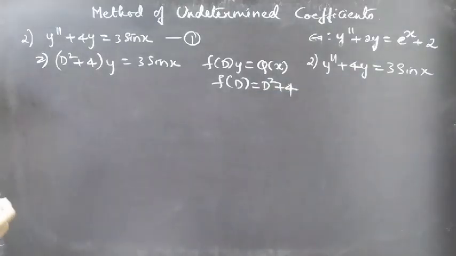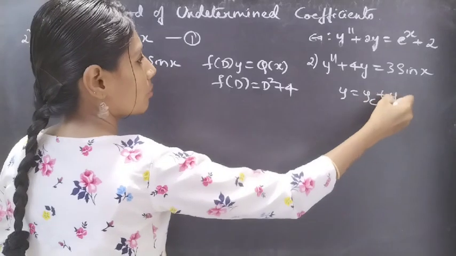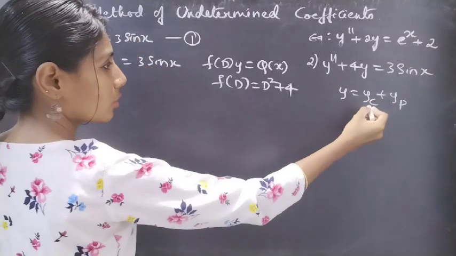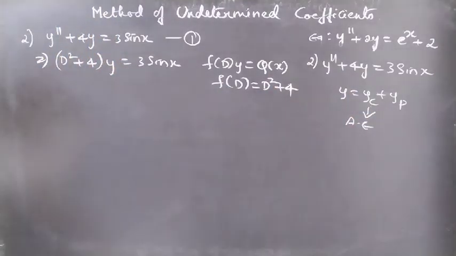We know that the solution to this equation is given by y equal to yc plus yp, where yc is a complementary function and yp is a particular integral. We'll find yc using the auxiliary equation, and we'll find yp using the trial method, right?